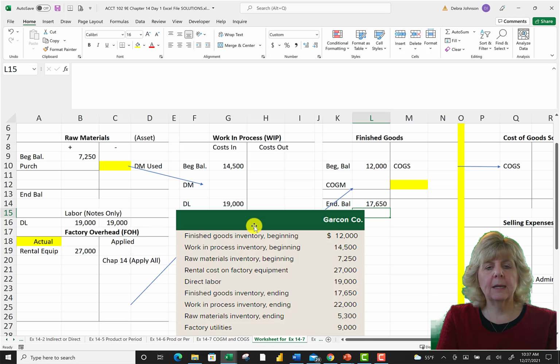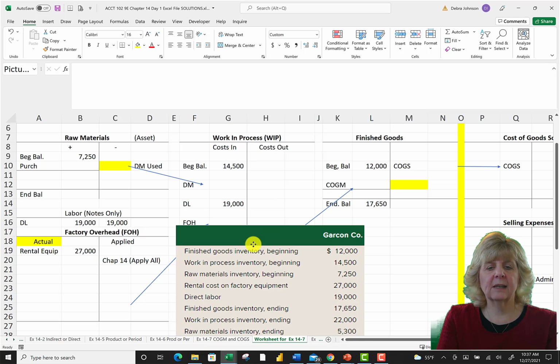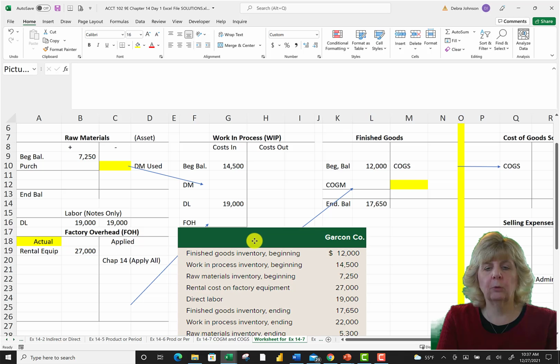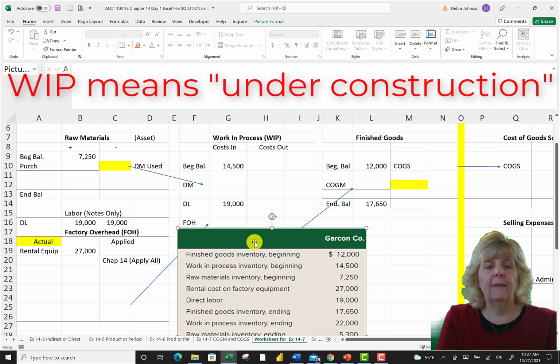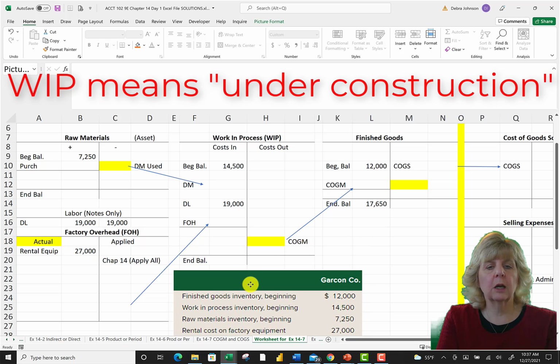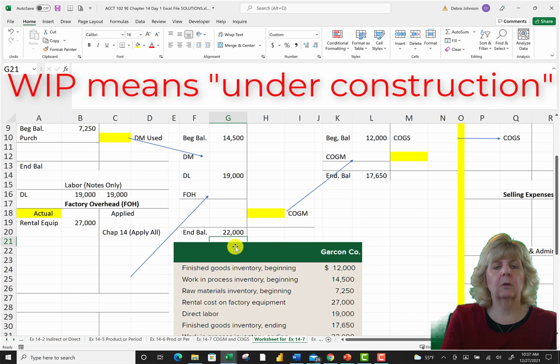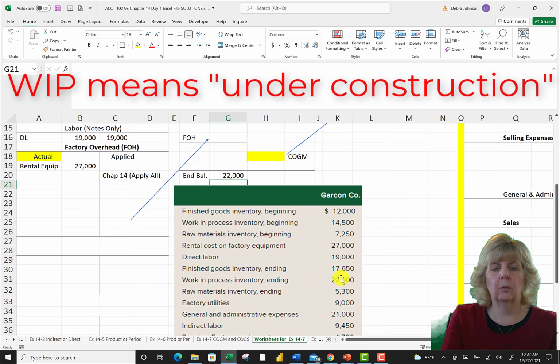The WIP ending balance, that means how much is on the shop floor, on the factory floor, in an uncompleted state. How do I know that? Remember, it's called WIP for a reason. The ending balance when we're done was $22,000. That came from our little list of costs here, right here. So we put that in.